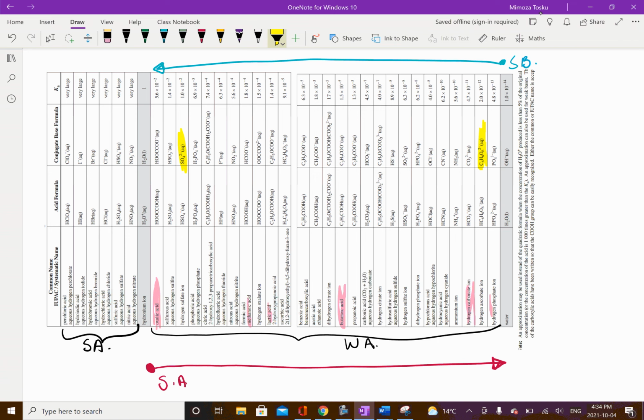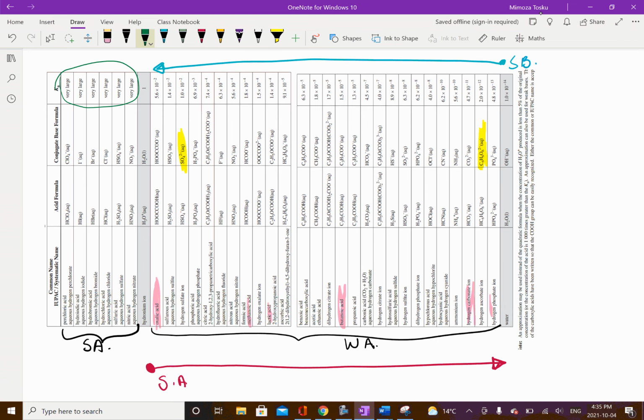Another important piece of information that you need to see and discover in this table is that when we see those numbers here, they don't have any Ka because it is very large and it is considered that those are strong acids.